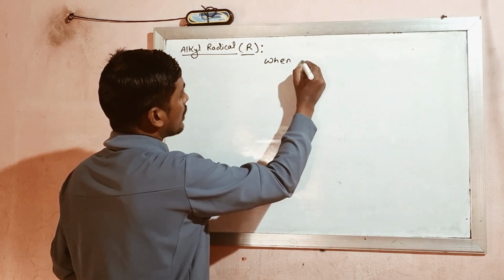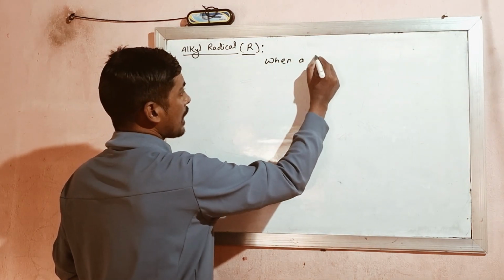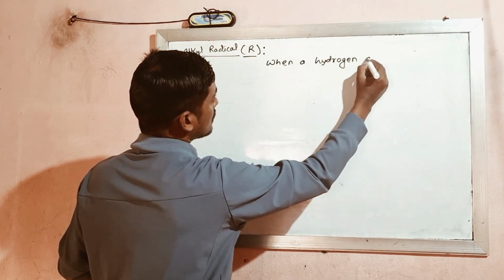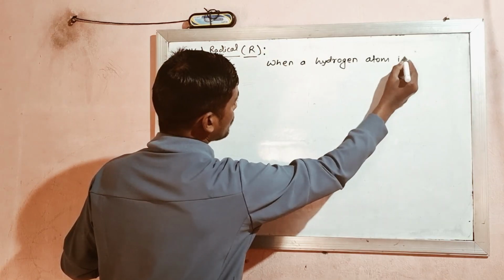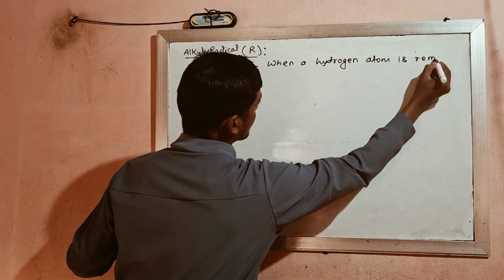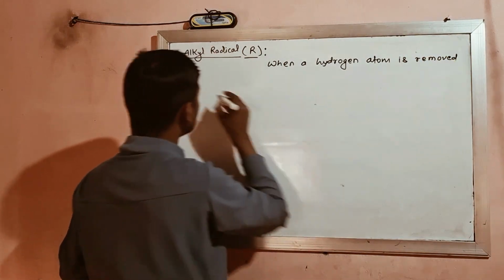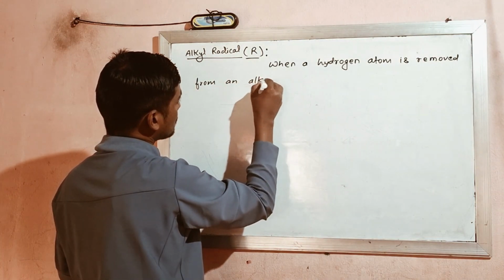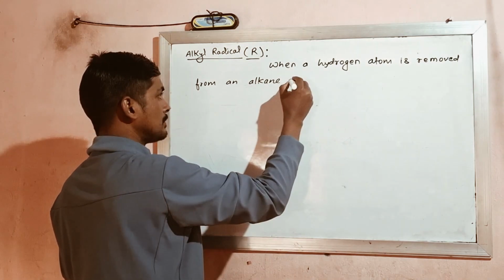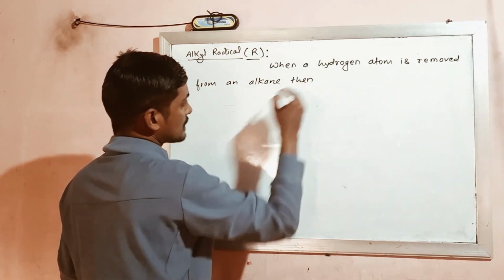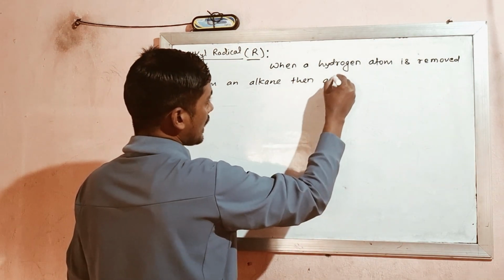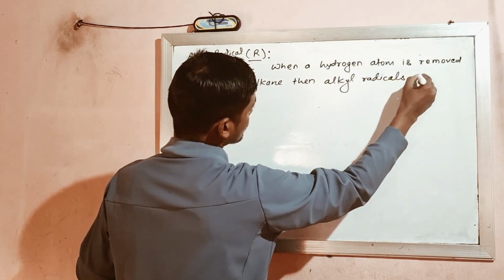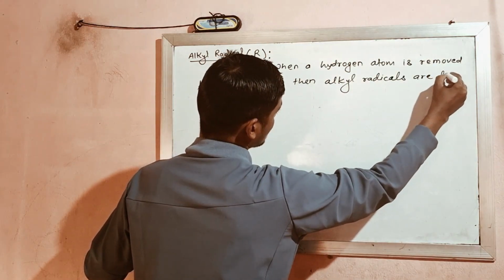When a hydrogen atom is removed from an alkane, then alkyl radicals are formed.